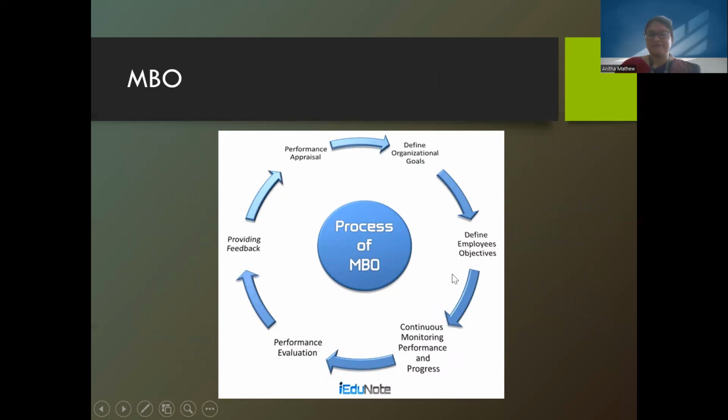So defining employee objectives here is not simply done by the management alone, but also with the decision and participation of employees. Now, this doesn't mean that all the employees are going to have a say in it. There might be certain representations taken from the employees, and they can decide on everybody's behalf.